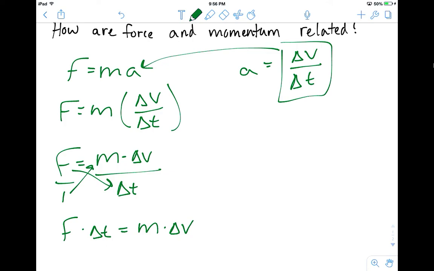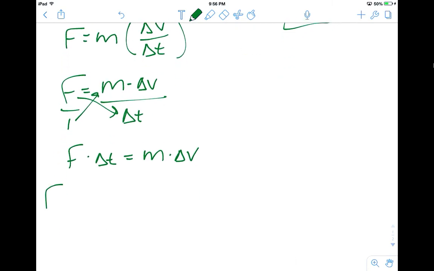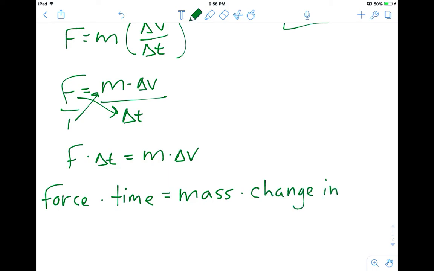And now this is important because I can think of this in regular words. Force times time, and that's the time over which the force happens, I'll explain that more in a minute, equals mass times change in velocity. Now, here's the really cool thing: mass times change in velocity, we have another way of saying that.